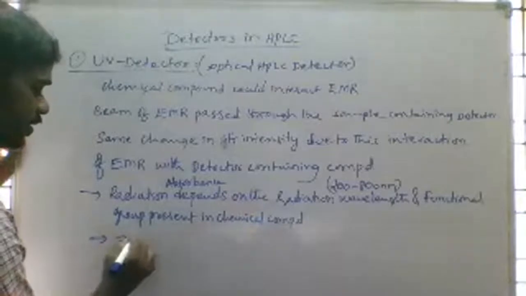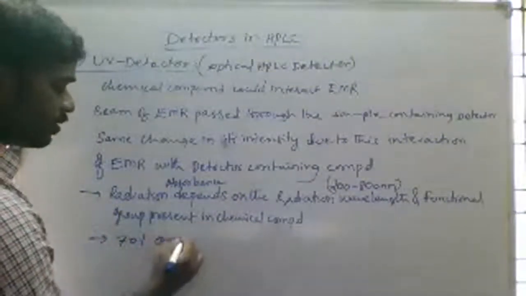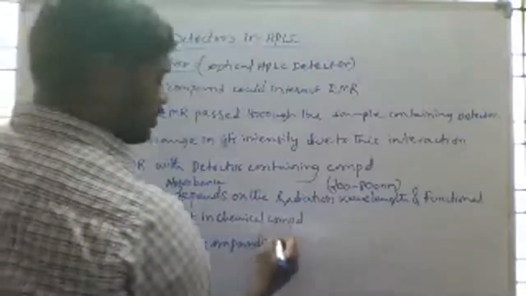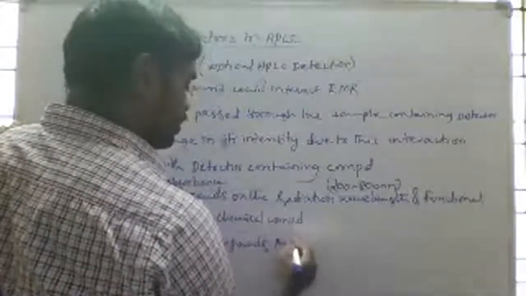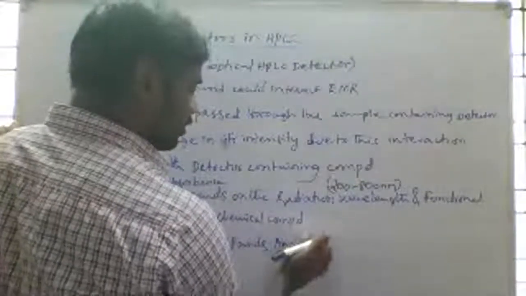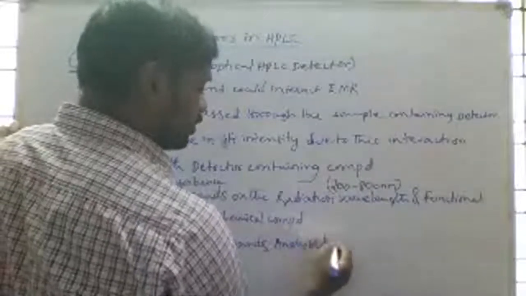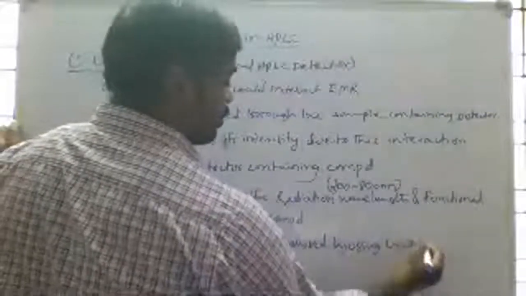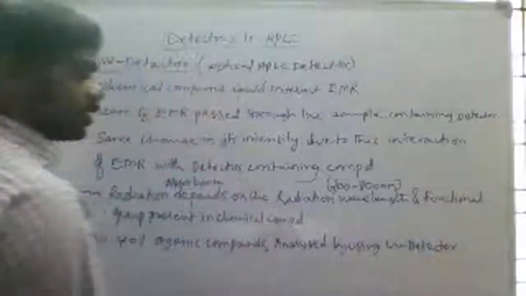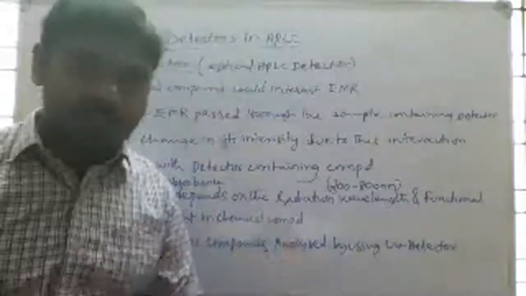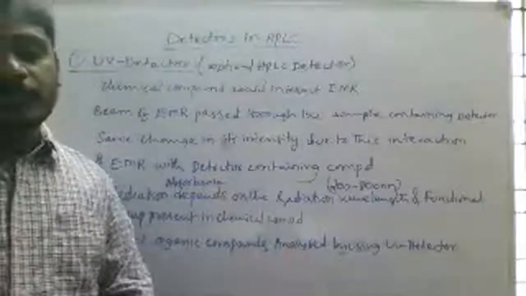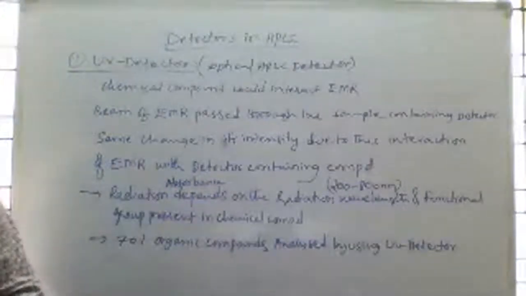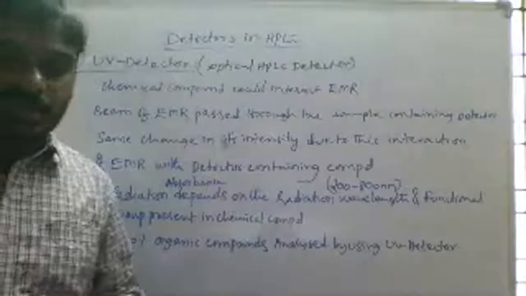So 70% of organic compounds are analyzed by using the HPLC UV visible detector. The UV detector is the most preferable detector in HPLC instrumentation. This is about the UV visible detector.